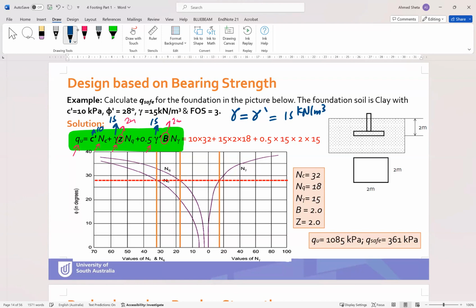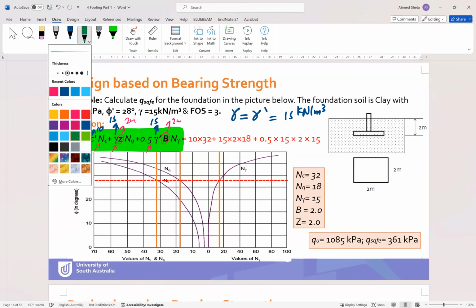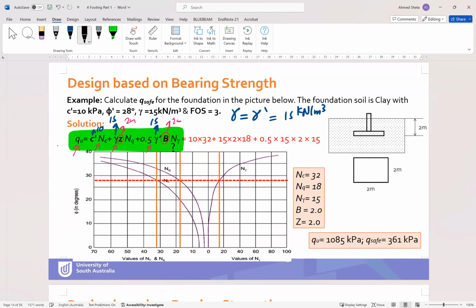Okay, so what else we don't have at the moment, or we need to calculate? We need to find what is Ngamma, what is Nq, what is Nc. So we will get these values using this Terzaghi chart.